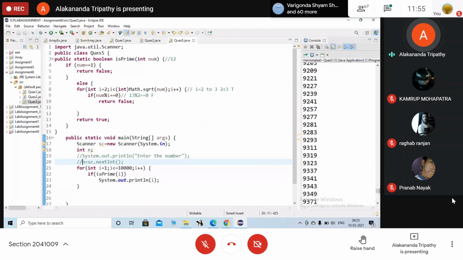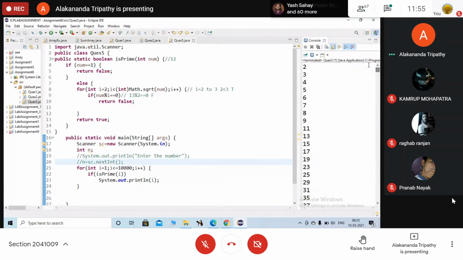देखो, are you getting the answer? तो 4 आ गया, 6 आ गया, isPrime equals to 1, false.